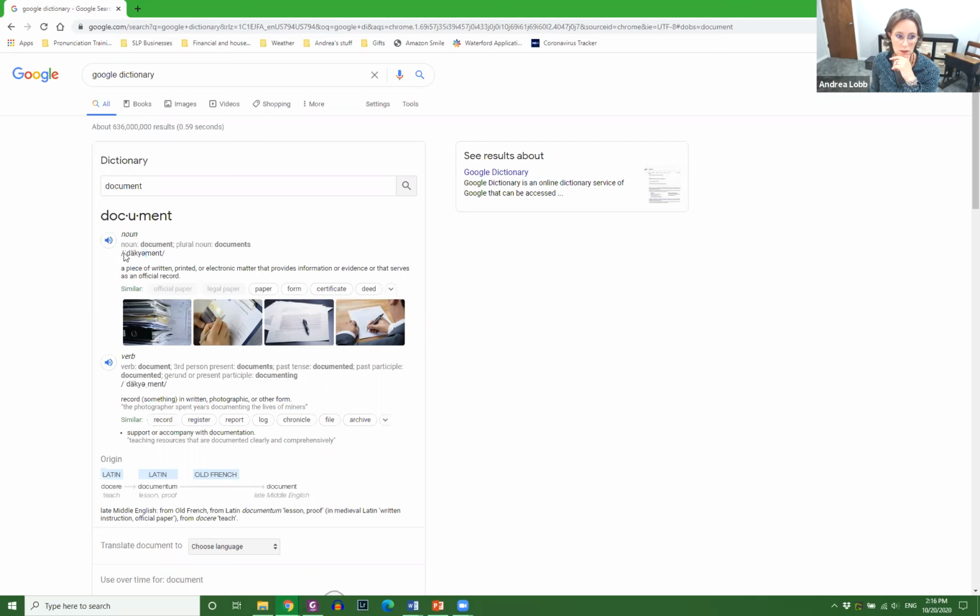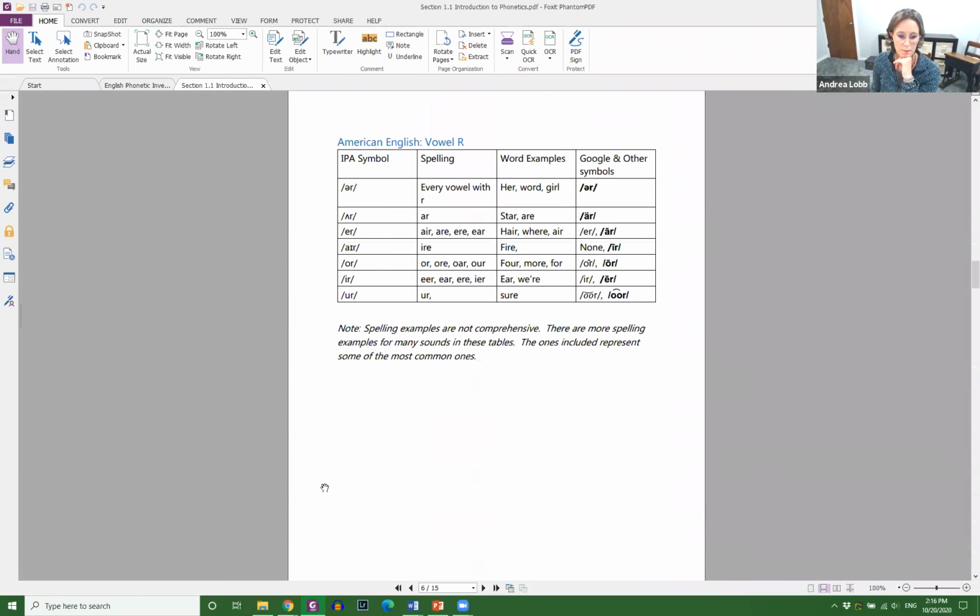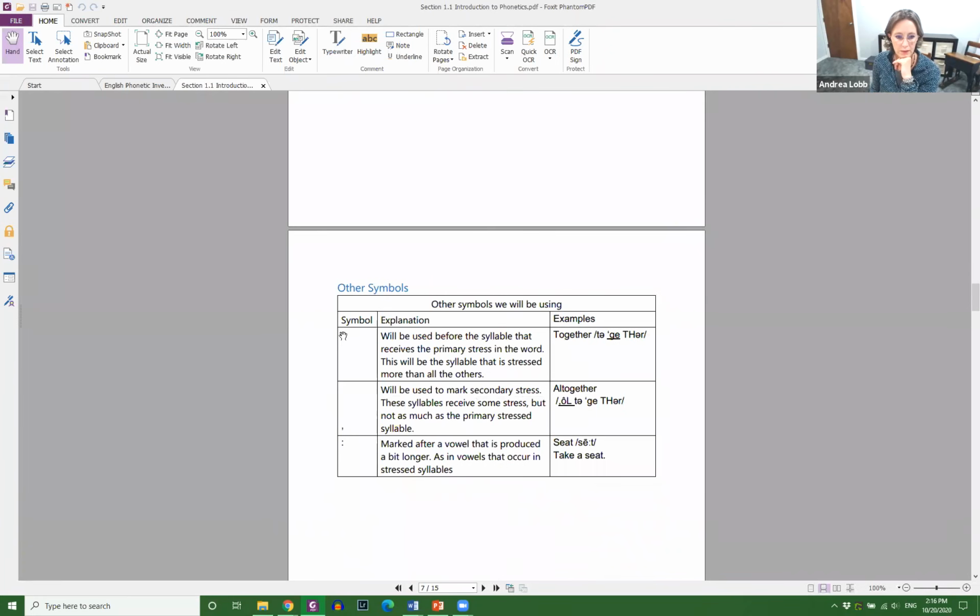Document. This little symbol here highlights the stressed syllable. That first syllable is the syllable we say with the most emphasis. If you see this symbol here, that's happening right before the primary stressed syllable.